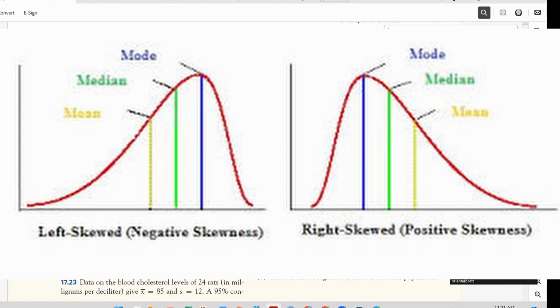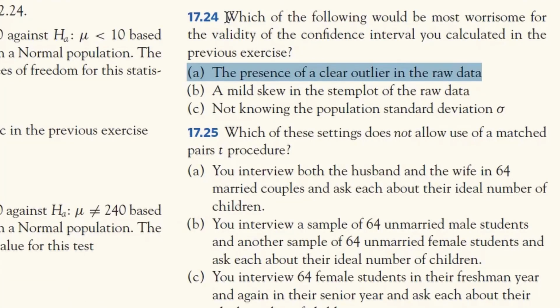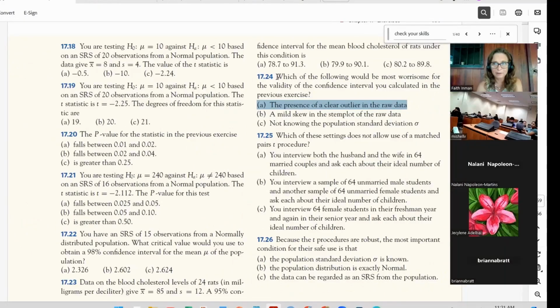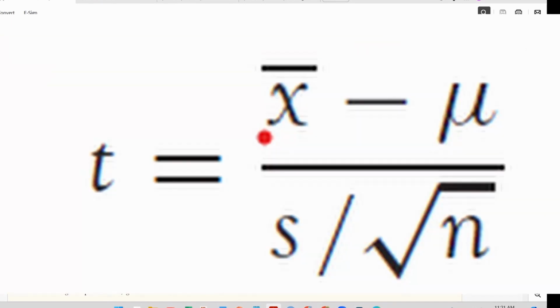Therefore, a clear outlier in the raw data would have a really negative impact potentially on the validity of the t-test. Not knowing the population standard deviation isn't a problem for the t-test. You don't need the population standard deviation. You just need the sample standard deviation. That works. Read the chapter. Read the chapter.